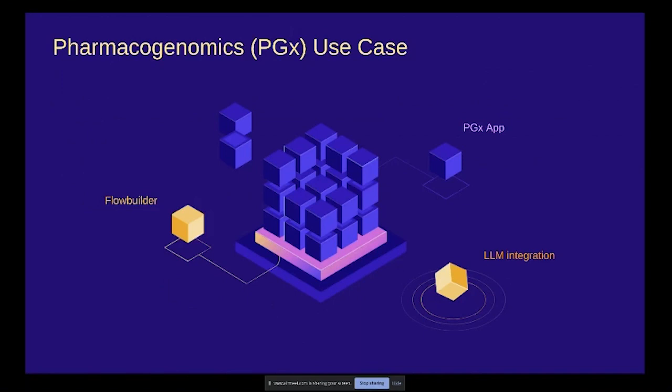So with Apollo, we have built a data platform that ingests these guidelines and creates a connected knowledge graph on top of which we can build applications such as Flow Builder, which allows subject matter experts to take in those guidelines and build decision support flows by composing different types of questionnaires guided by the knowledge graph, which can then be deployed into pharmacogenomics apps.